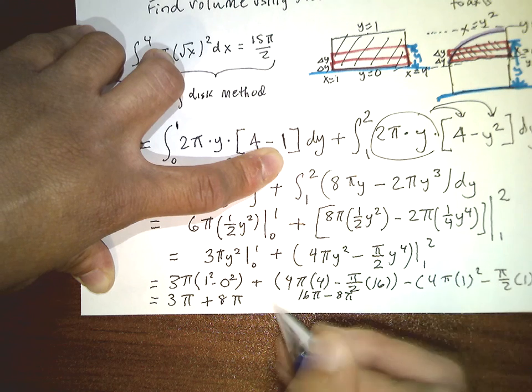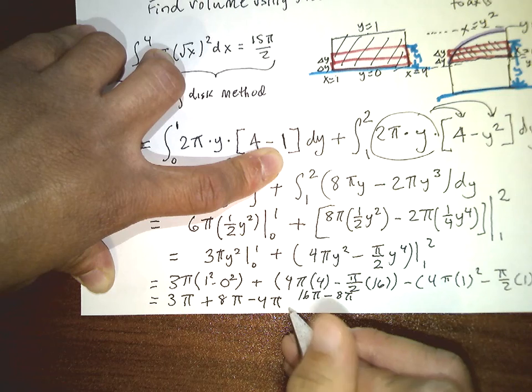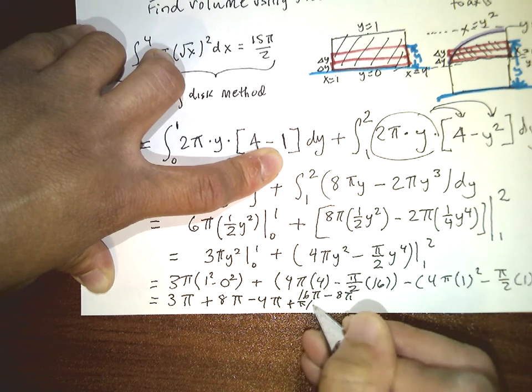So if I distribute that, that's actually minus 4 pi and then plus pi over 2.